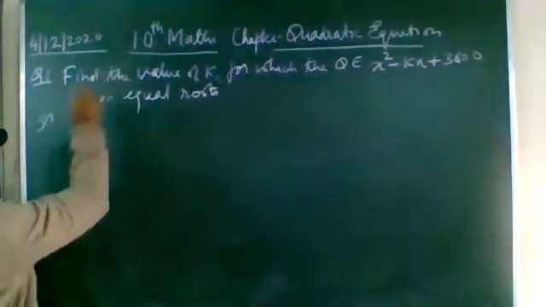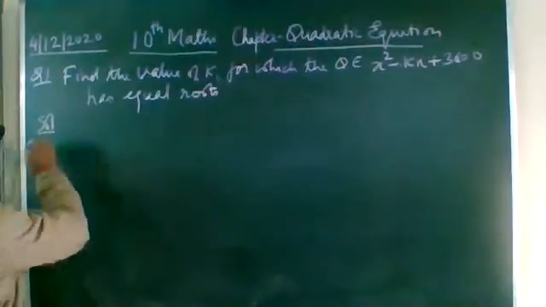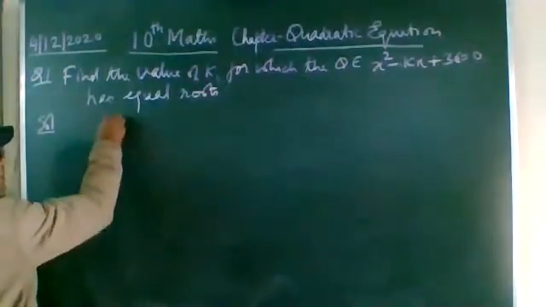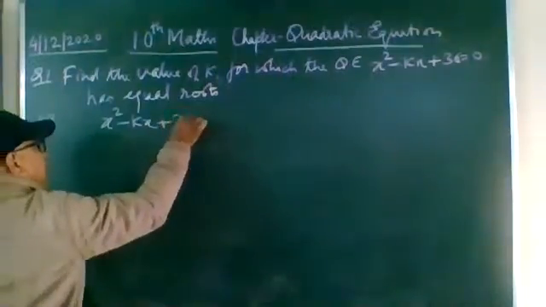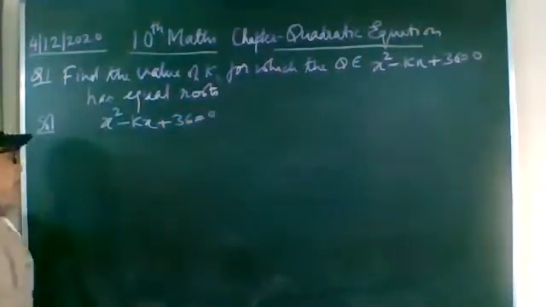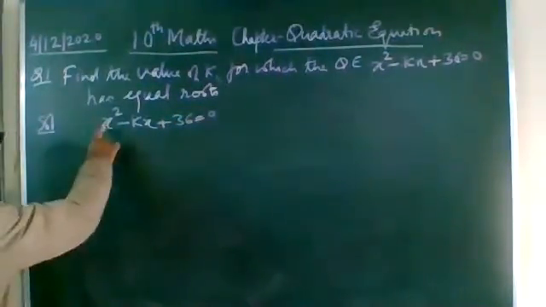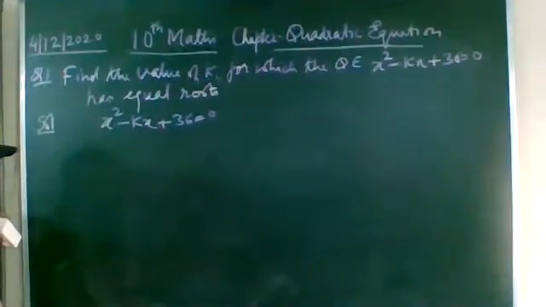So again, method of writing the equation: x square minus kx plus 36 equal to 0. This is in the standard form, ax square plus bx plus c.